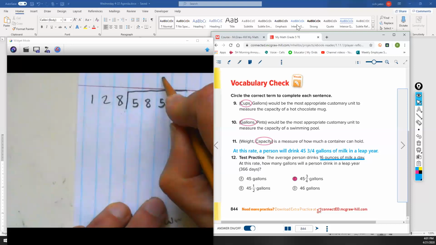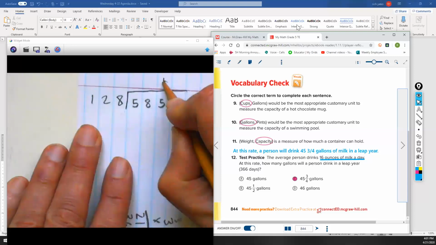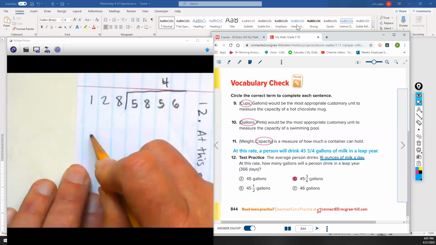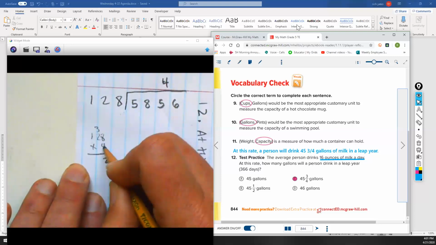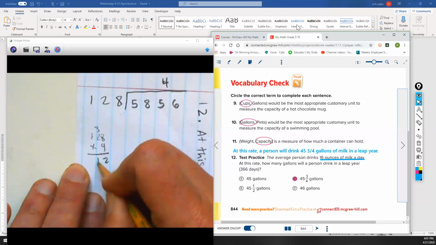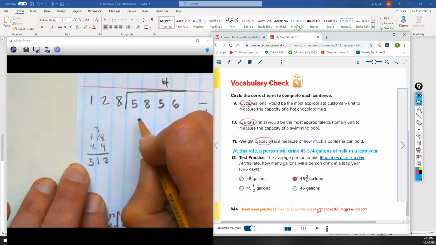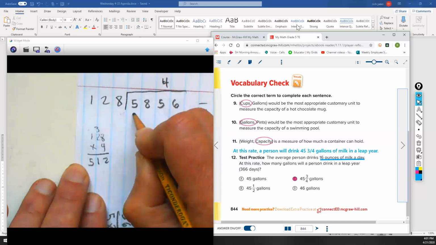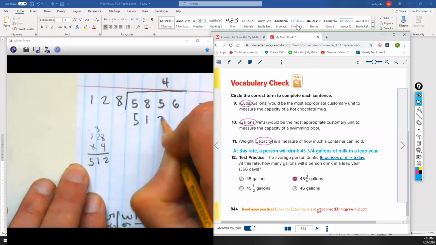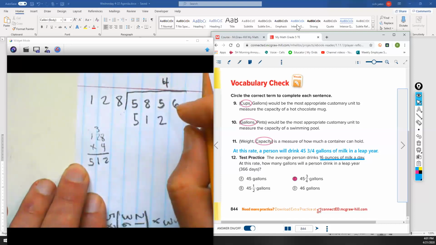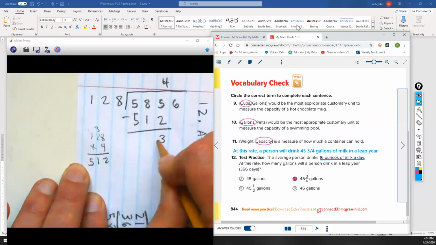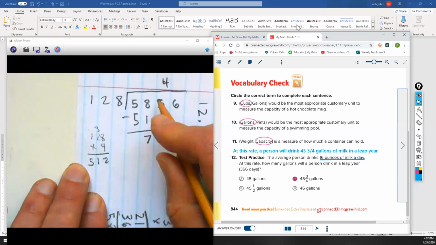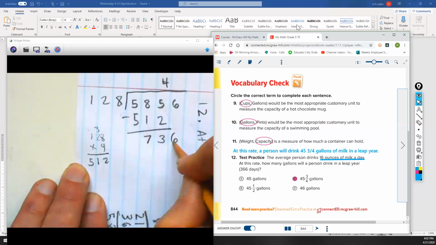So I'll take 128 times 4. I'm going to multiply that out quickly over here. I'll get 512. So I'll drop down the 6 right here.